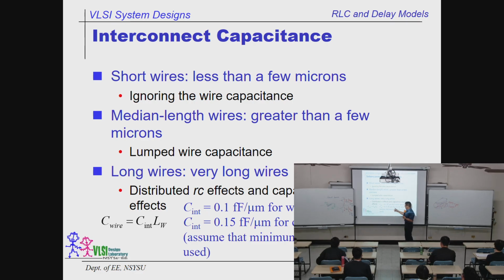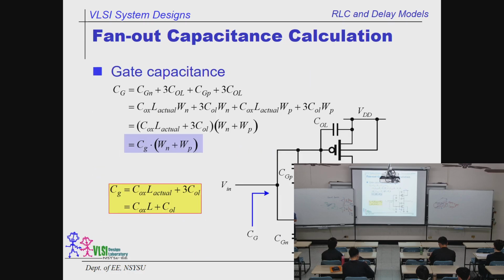If it's very tightly separated, it's 0.15. Okay, very long wires. This is called the distributed RC effect. So it depends on how long your wire is. That is why I ask you to do one thing: make sure that all interconnections are as short as possible. Don't use long wires. Otherwise, you're going to create delay problems.